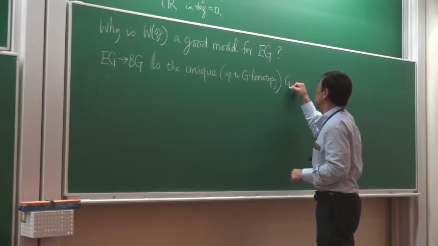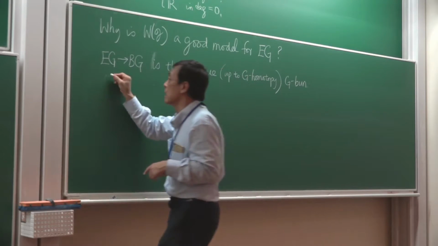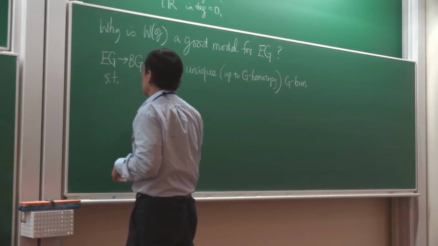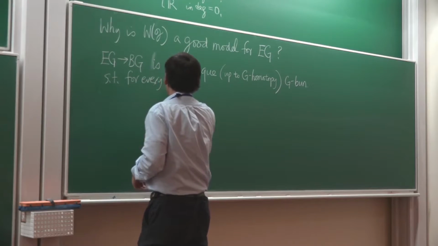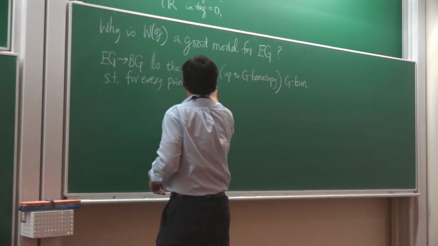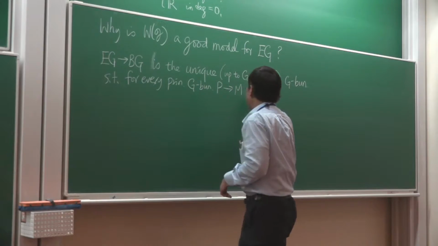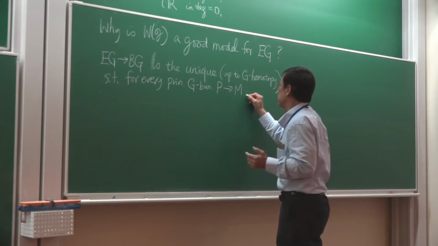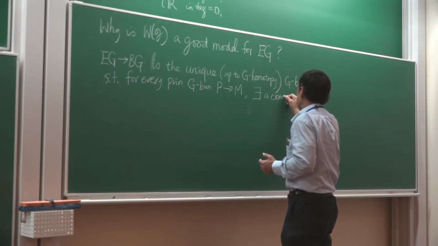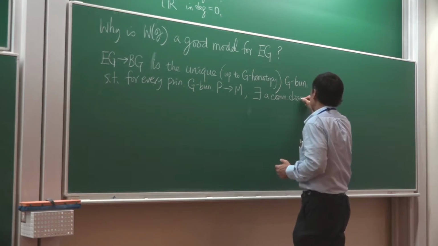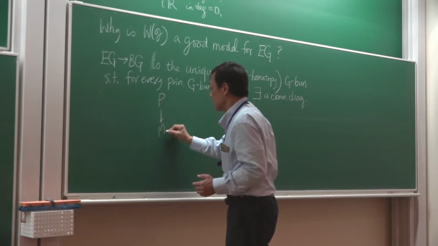G bundle such that for every principal bundle, so there is a commutative diagram like this.